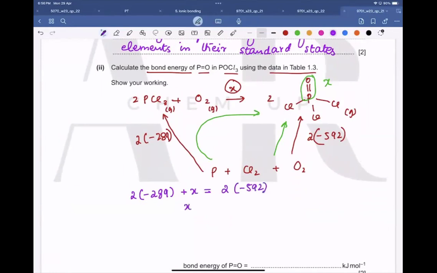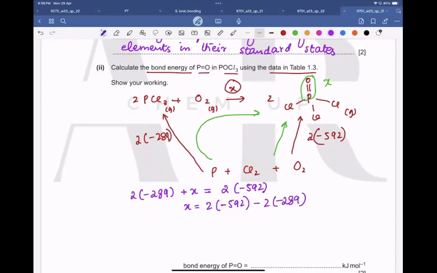So X would be the enthalpy change for this reaction, right? And it is equal to 2 times minus 592 minus 2 times minus 289.